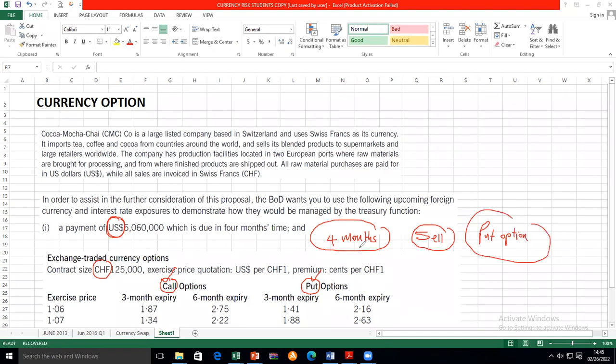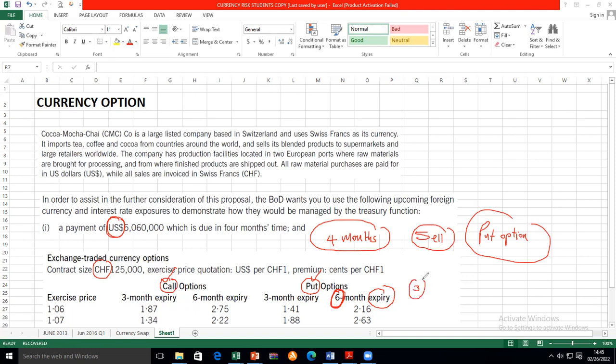Your transaction comes in 4 months' time. So we choose the first option to expire after that. So which one are you going to choose? Which is the first option to expire after 4 months?